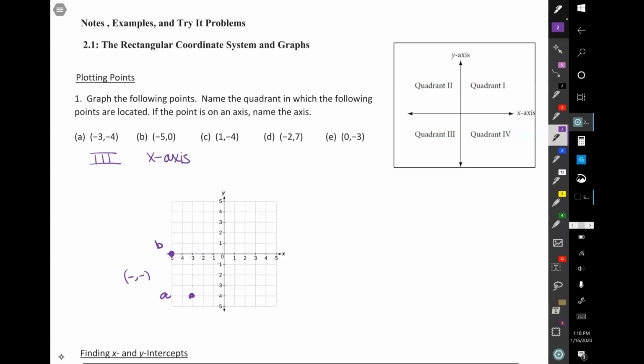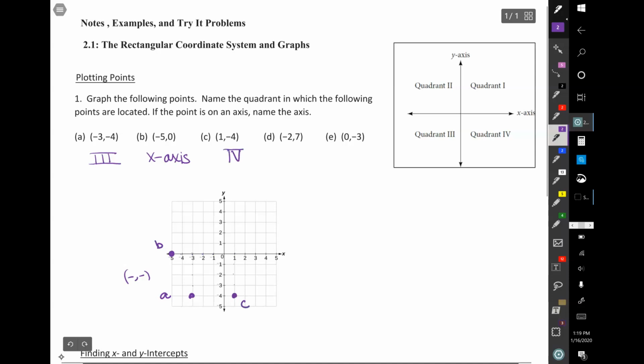And for point C, we have (1, -4). So now I'm going to hover at 0. I'm going to move to the right 1 unit on the x-axis, and then I'm going to move down 4 units to represent that -4 for the y, and that is point C, and that is in quadrant 4.